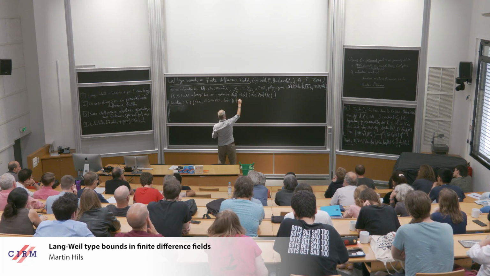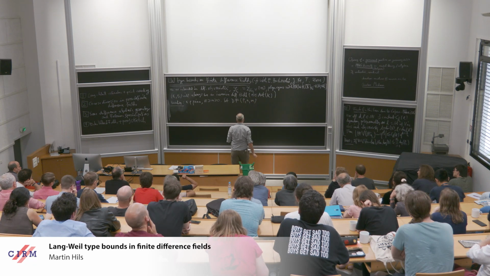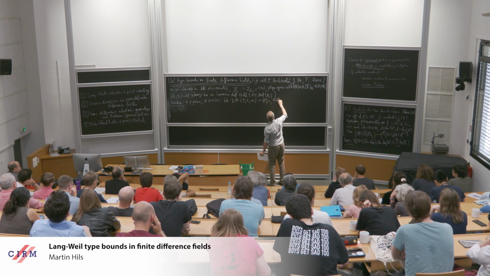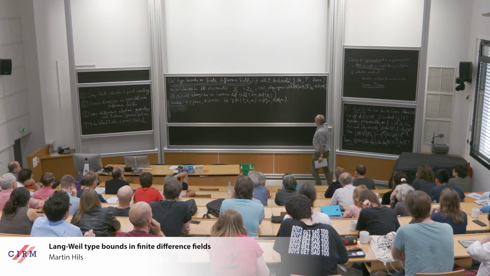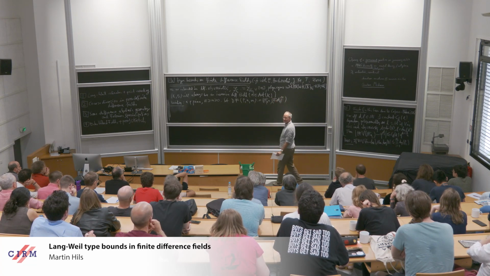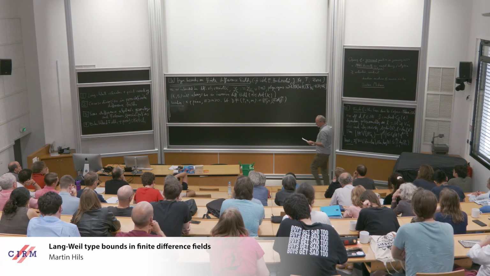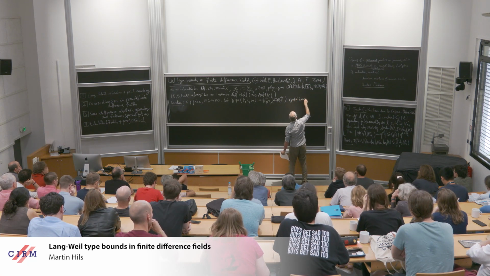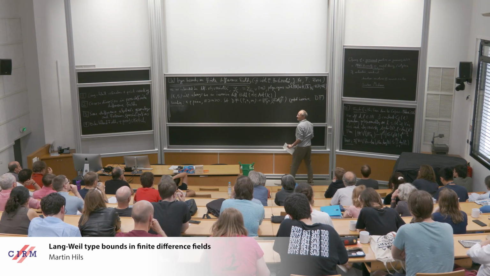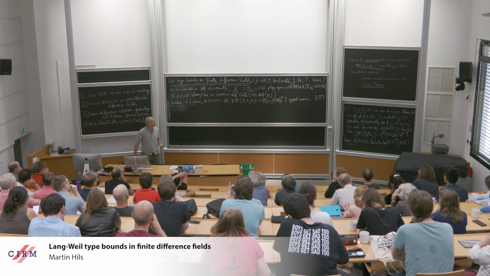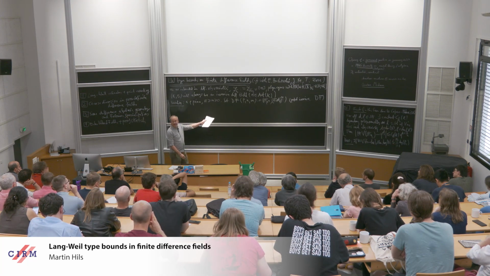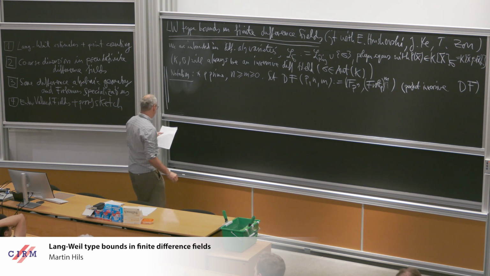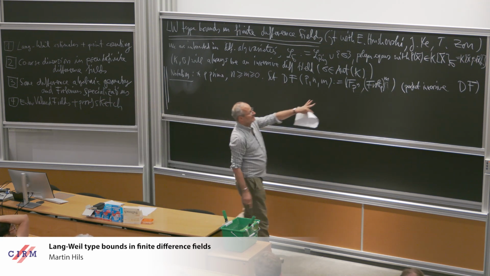Set the difference field (p^n, m) to be the difference field given by (F_{p^n}, Frobenius_p^m), so Frobenius iterated m times. Of course, this is a perfect, inversive difference field, abbreviating difference field by df. Perfect is clear: finite fields are perfect. The inversive is also clear. And so these are all the isomorphism types of finite difference fields.